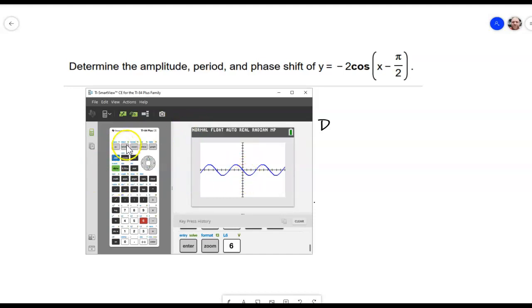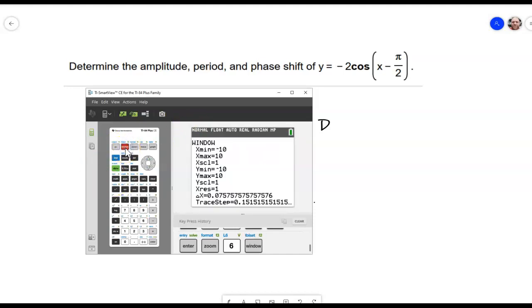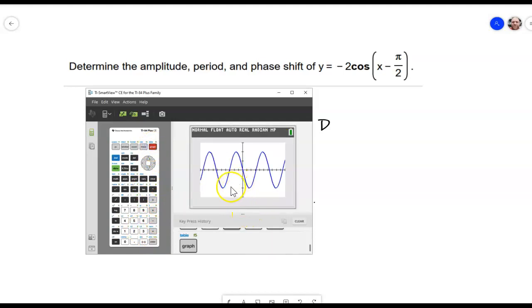And I can actually adjust my window a little bit. Let's adjust the window from the y values -3 and +3 just to get a little bit better of a picture of that. So we'll go from -3 up to +3. Let's see what that looks like. And sure enough, you can see that that certainly goes all the way down to -2 and all the way up to +2.